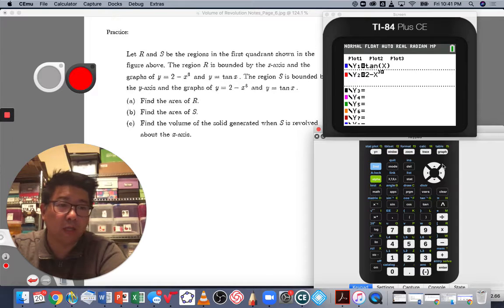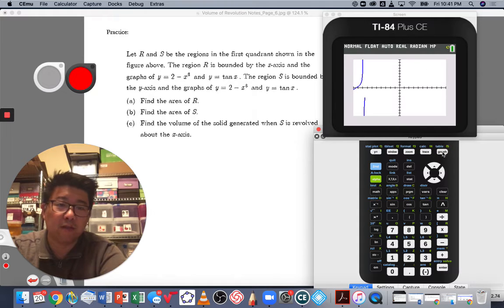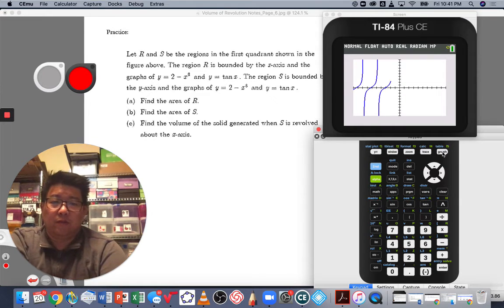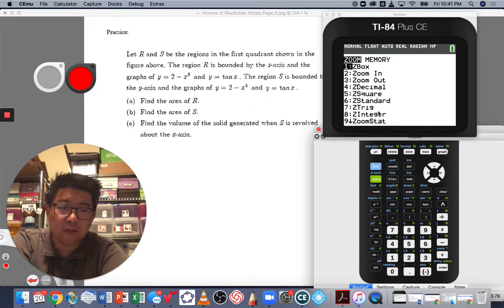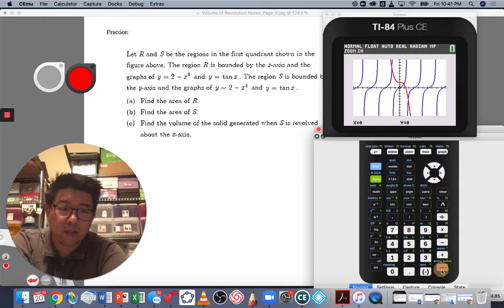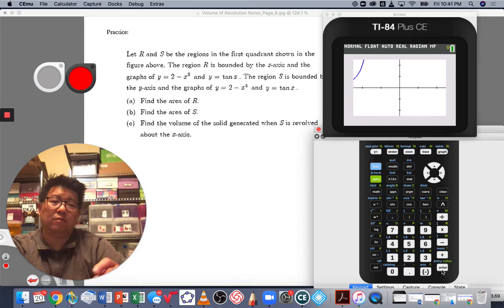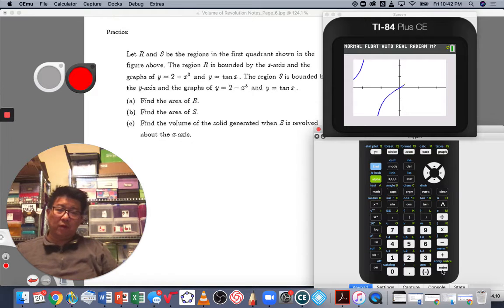Okay, and hopefully if we graph this, this is what we would get. There's tangent, and then there's our shape. So this is where we want to go. We're going to zoom in a little bit, get closer to where we really want.